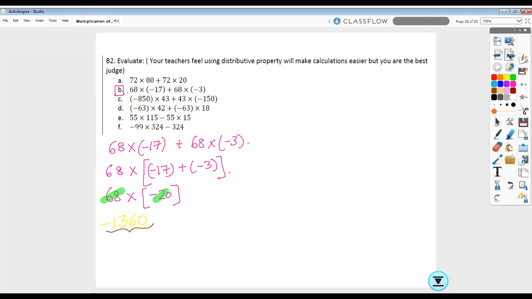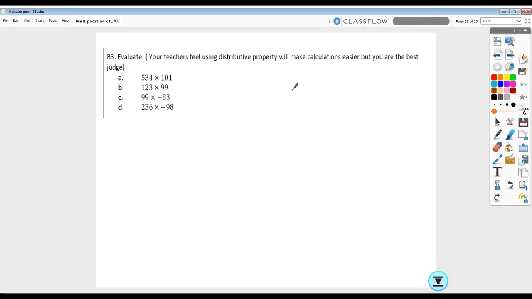Let us try another question. For instance, we take part D. Here, 236 is getting multiplied with negative 98. To obtain this product in an easy manner, I can write negative 98 as negative 100 plus 2.